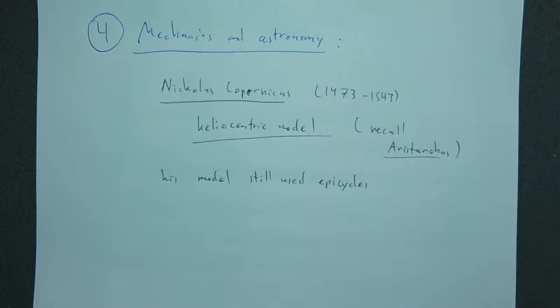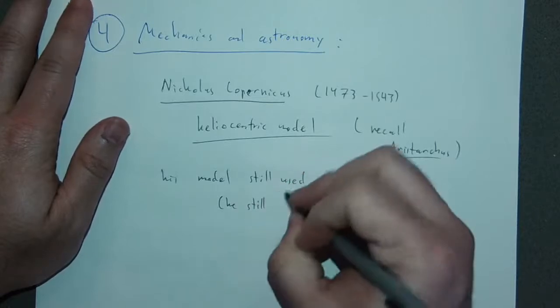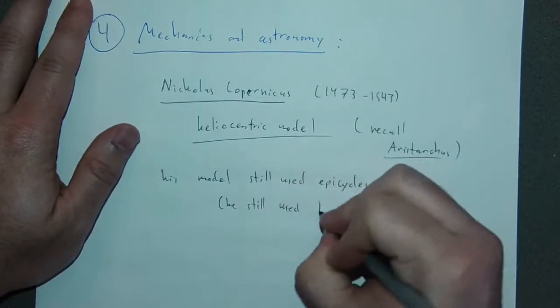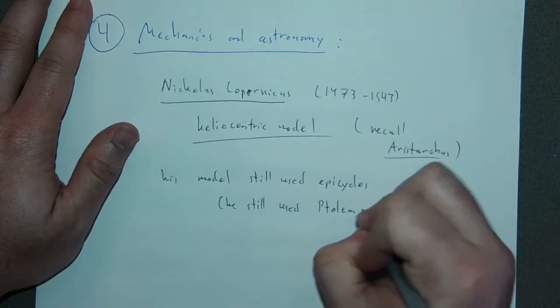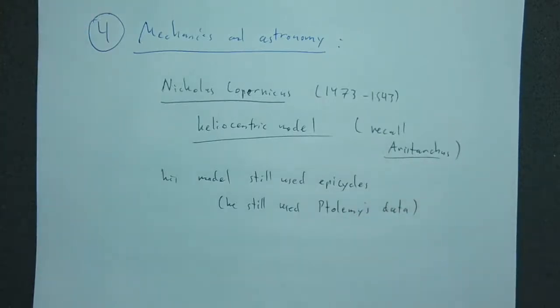There's probably a good reason for that, namely that he still used Ptolemy's data. Okay, we'll see this is kind of the big key distinguishing feature of what Copernicus did versus what Kepler would eventually succeed in doing.